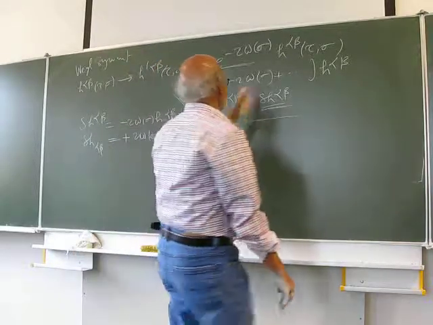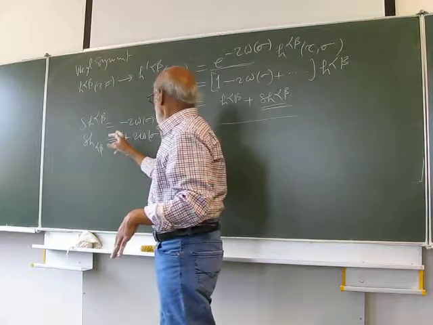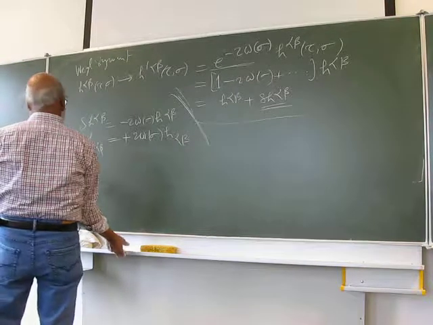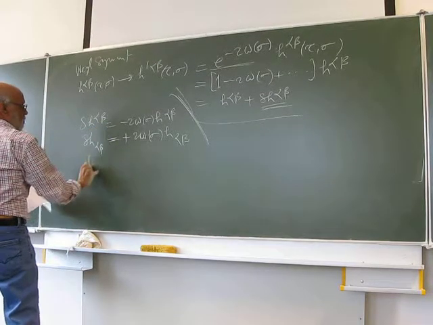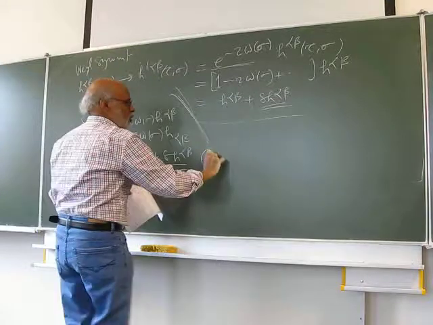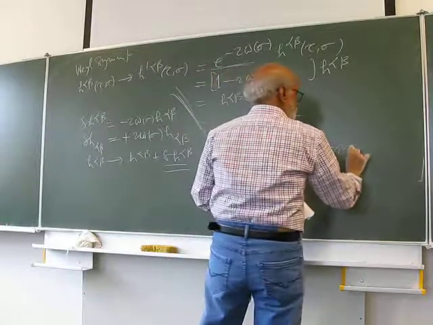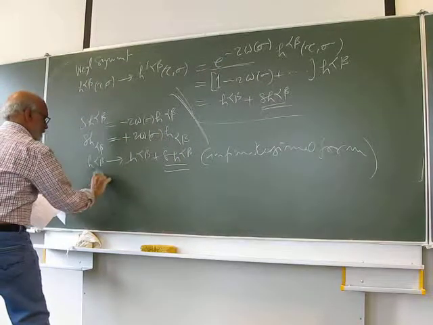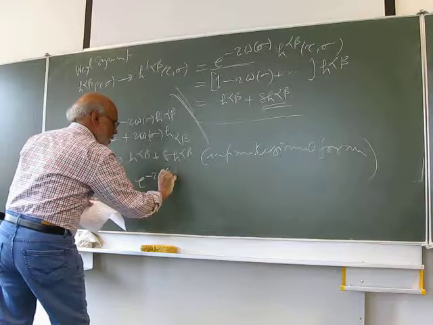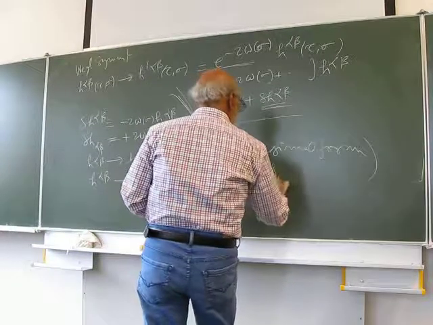You can write it just by expanding and collecting the terms: h alpha beta going to h alpha beta plus delta h alpha beta is the infinitesimal form, and h alpha beta going to e to the power minus 2 omega of sigma times h alpha beta is the finite form.